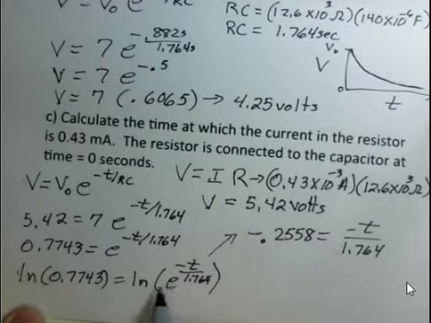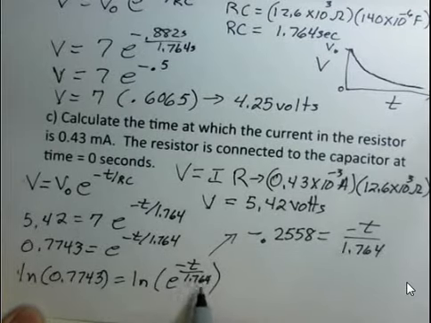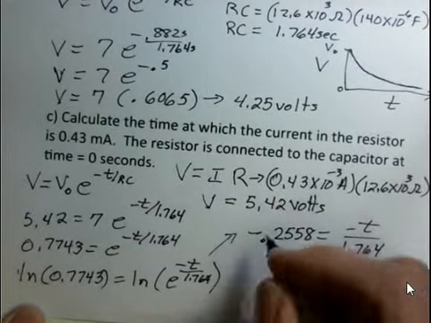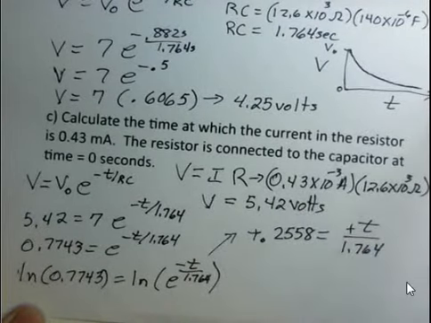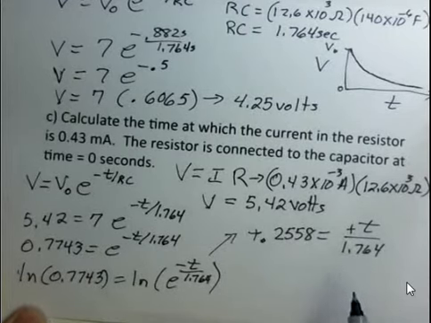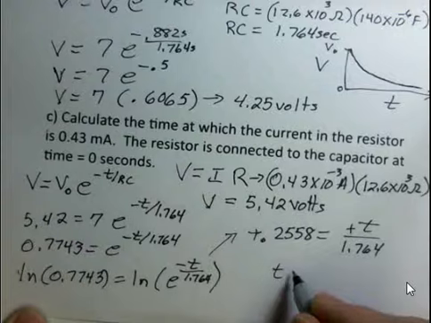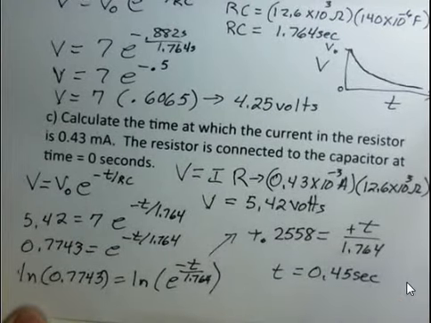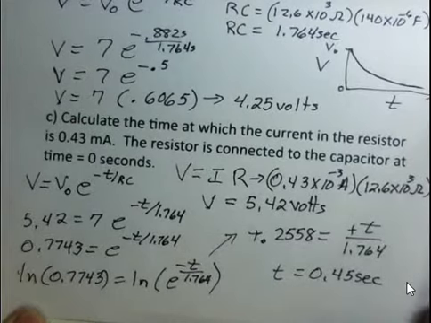These two functions cancel each other, and we just get the argument of the exponential. The minus signs will cancel, and we multiply both sides by 1.764, and we find that the time is 0.45 seconds.